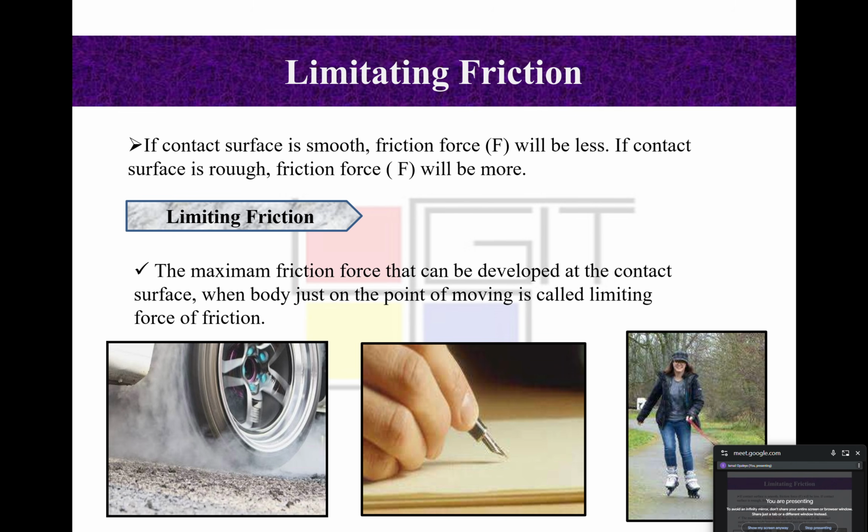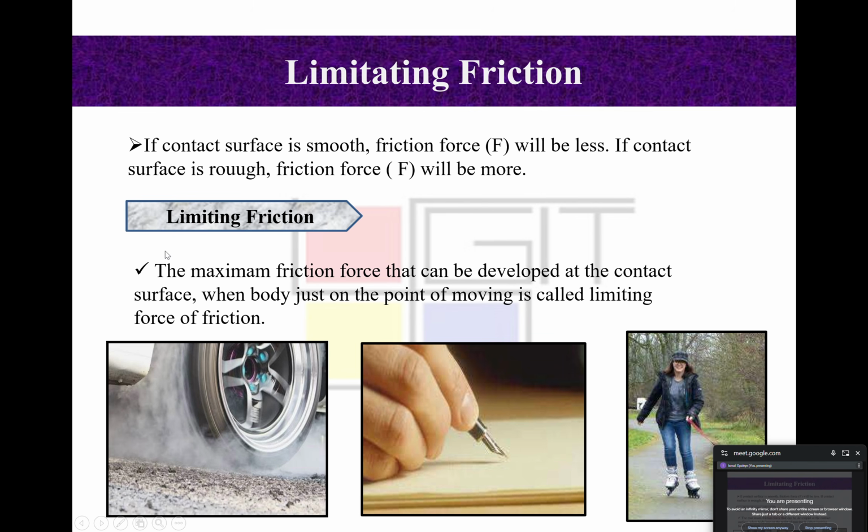So let's say maybe one big iceberg or something. On those kinds of surfaces, the frictional force is zero, to the point that it can't even support walking. So expect that the frictional force on a perfectly smooth surface is zero.